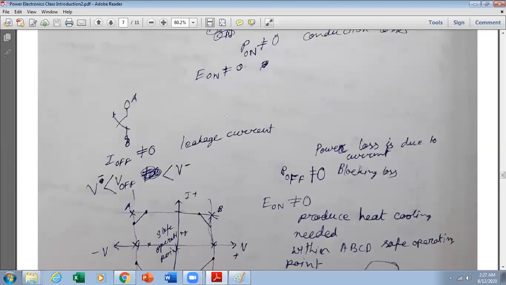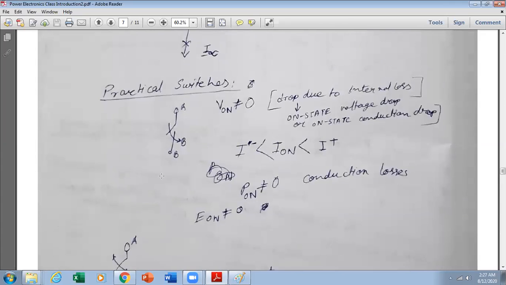Practical switch, what we have discussed, that practical switch, the conduction losses will be there because the conduction voltage is not zero, neither is the conduction current infinity, so it has some value, and voltage is also having some value. So voltage is having some value, current is also having some value, so definitely there will be conduction loss.